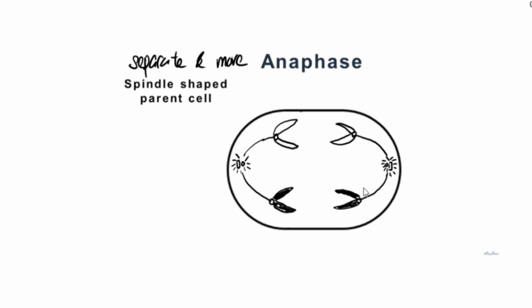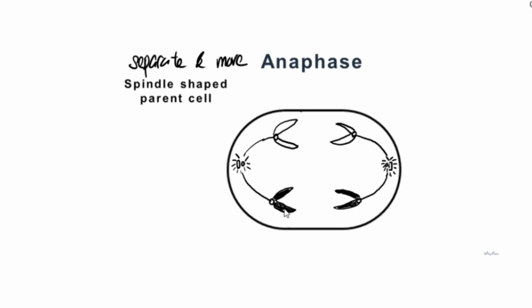The reason is because the centromere splits. The centromere splits, and then the shortening of the microtubules causes the separation and movement of sister chromatids apart from each other.